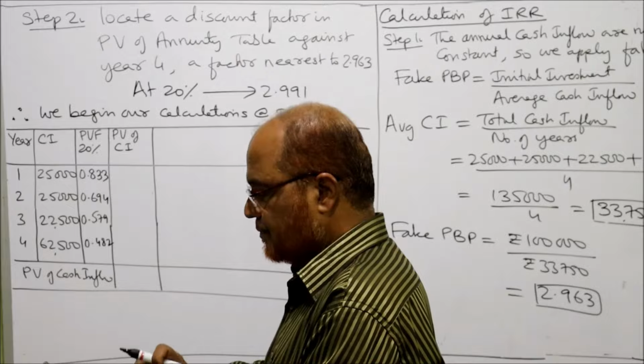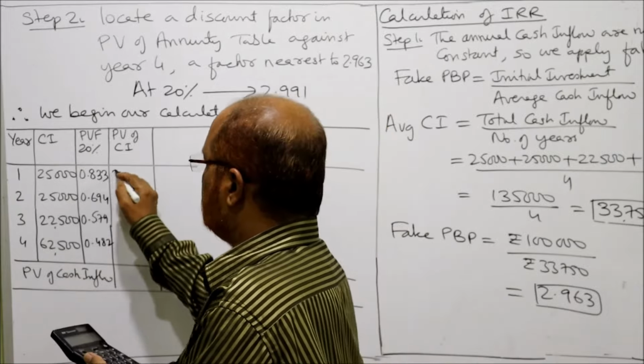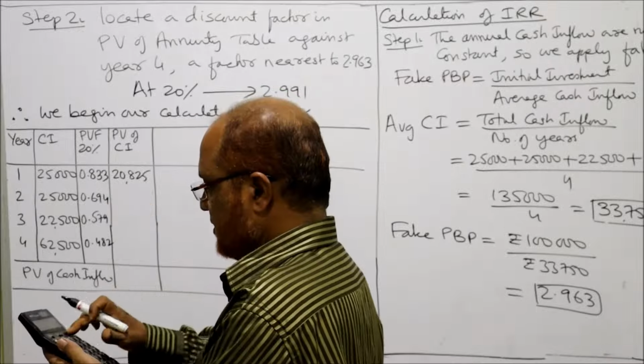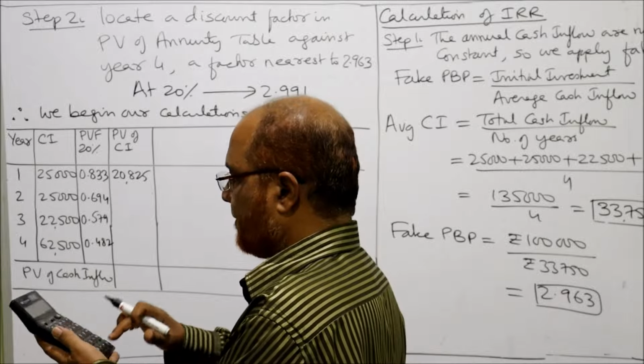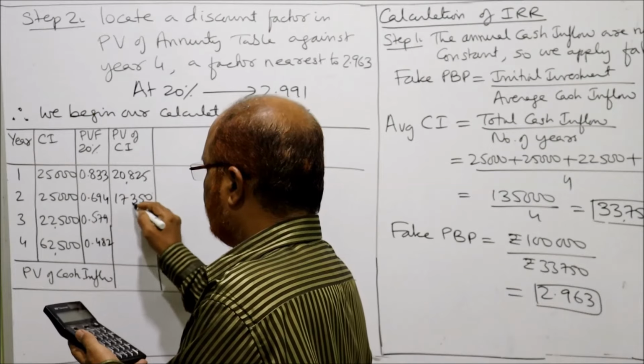Now we multiply 25,000 into 0.833, 20,825. Similarly, 25,000 into 0.694, 17,350.